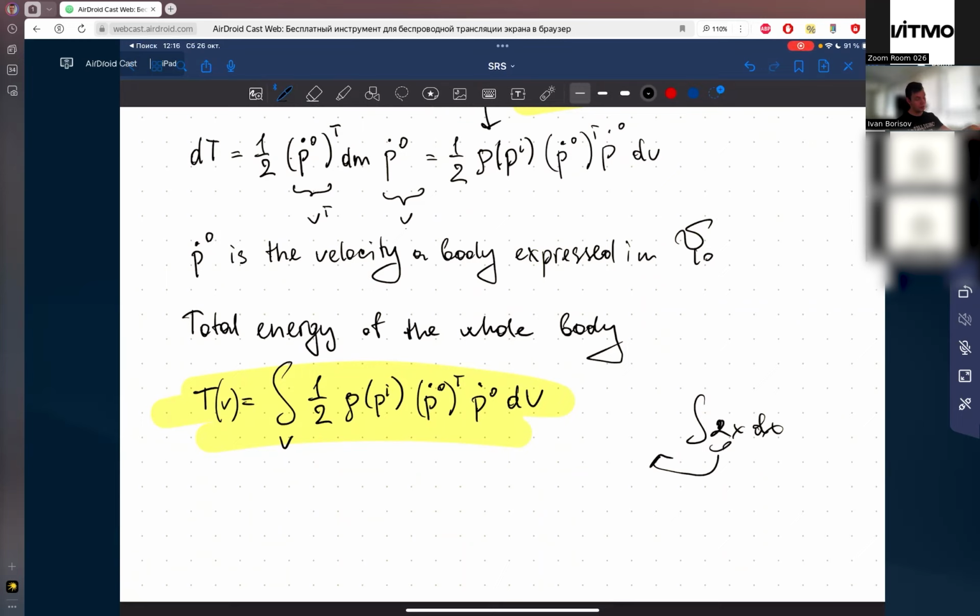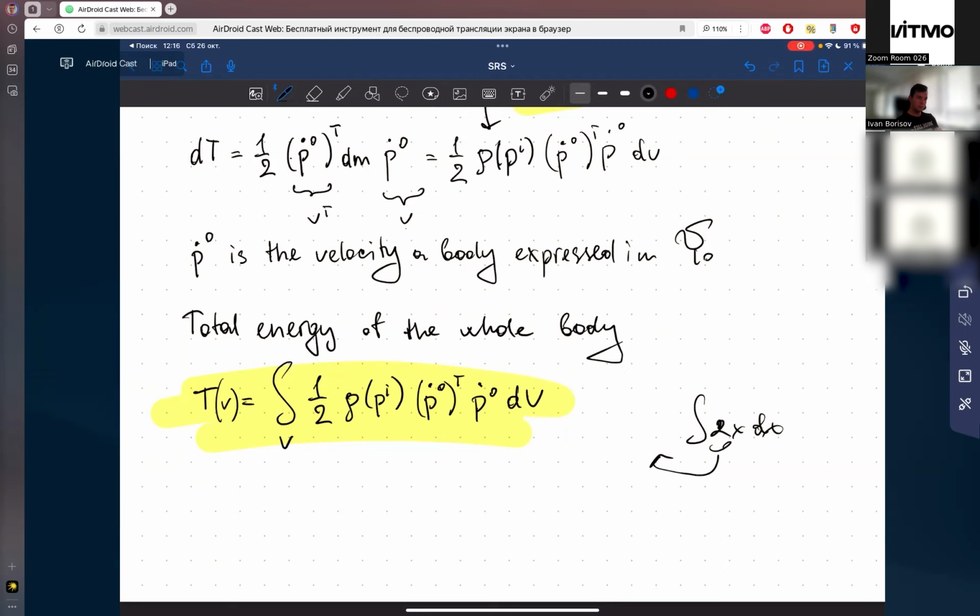I mean, not constant, but the same for each point within this volume. Center of mass. Velocity of center of mass. It's true if you do translation motion. For the general case, you also have angular velocity.